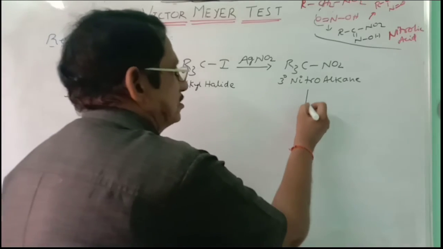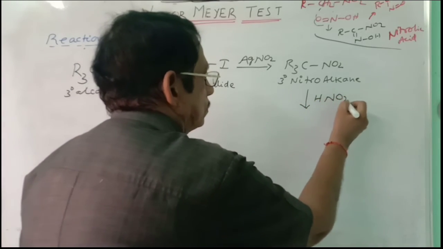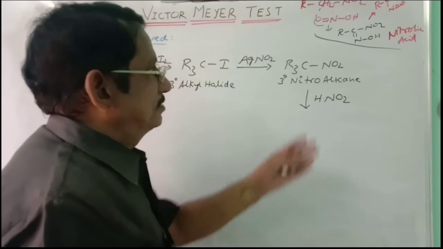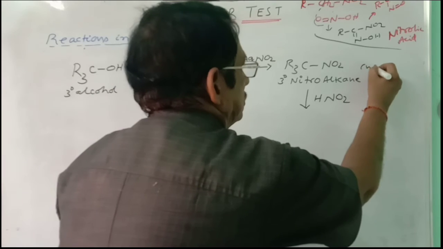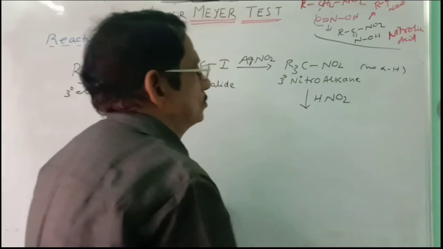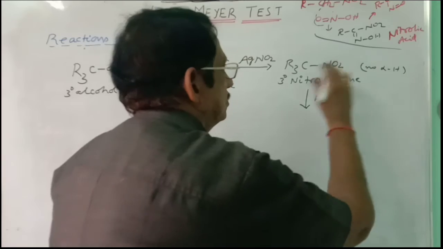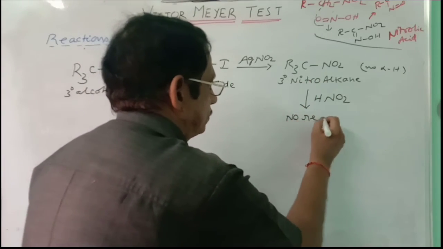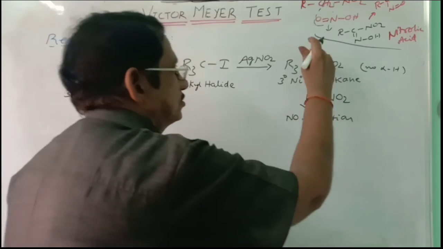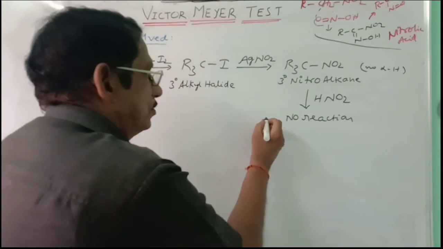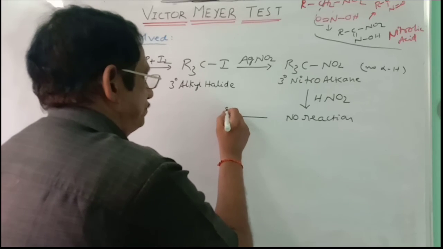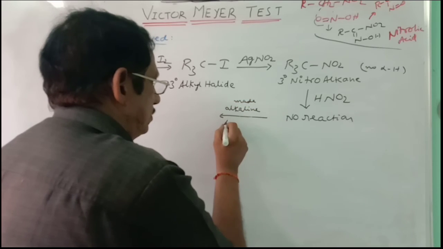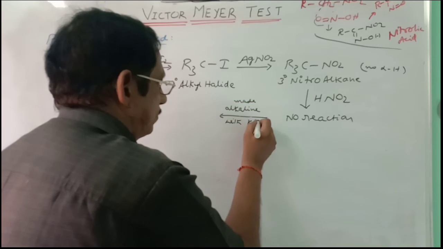And so when this is treated with HNO2, how can the reaction occur here? As there is no alpha hydrogen, this does not react with HNO2. No reaction. That means this is not converted to another product. And then you make it alkaline with KOH.